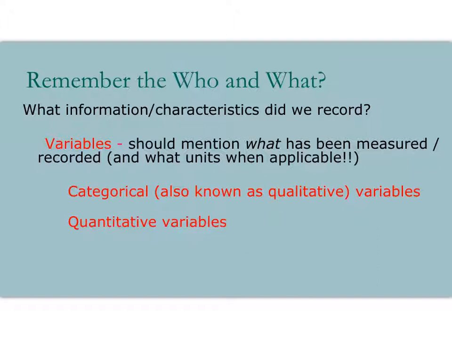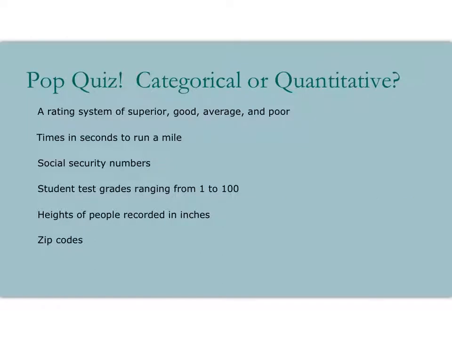If it's something distinct, like favorite color, or whether or not someone owns a car, it's categorical. But when we get to some other types of variables, it gets confusing whether it is categorical or quantitative. So let's look at these, and I want you to take a second, pause, and think through what you think the answers are.